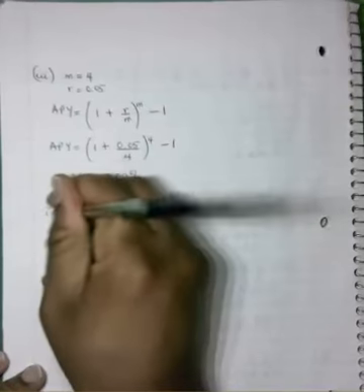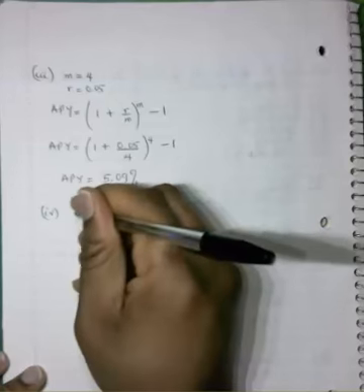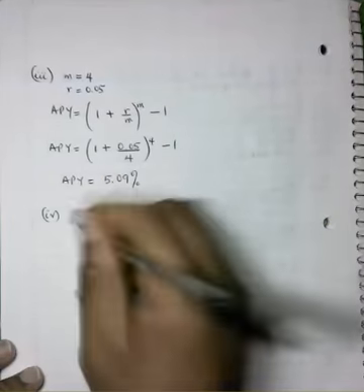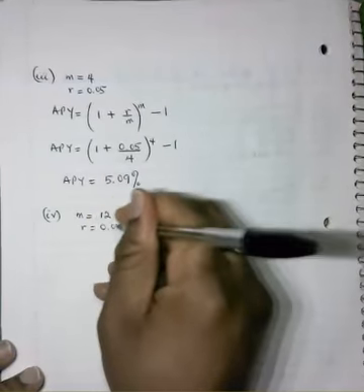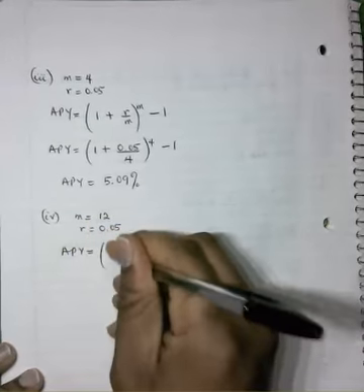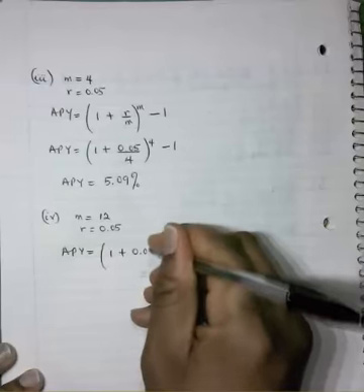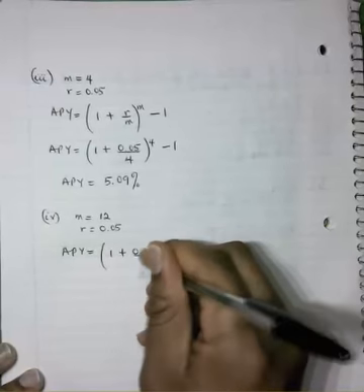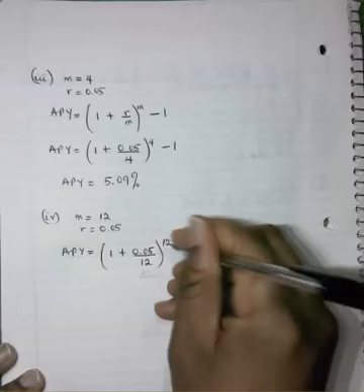IV, monthly, so M is 12, our R is still 0.05. So our APY will be 1 plus 0.05 over 12 exponent 12 minus 1.